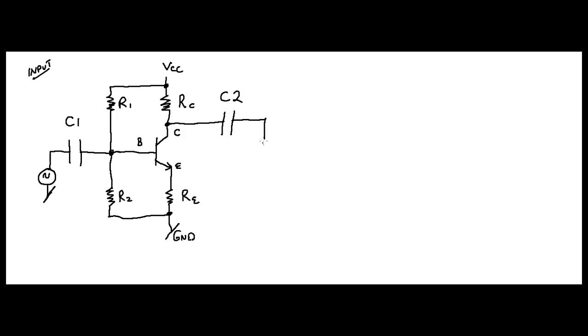C2 then is going to be connected to your load resistor, R sub L, and then this is going to come down and be connected to ground. Alright, so there is your linear amplifier.